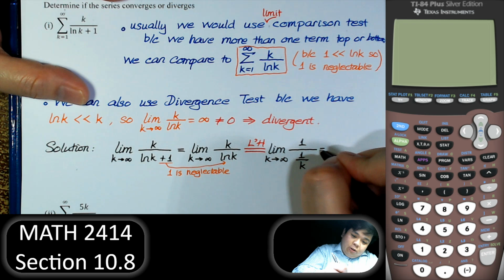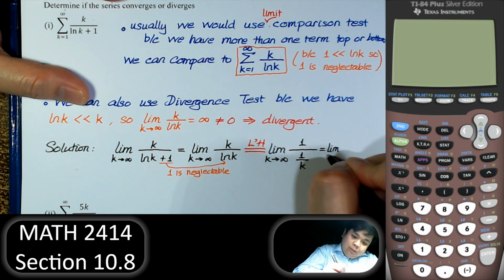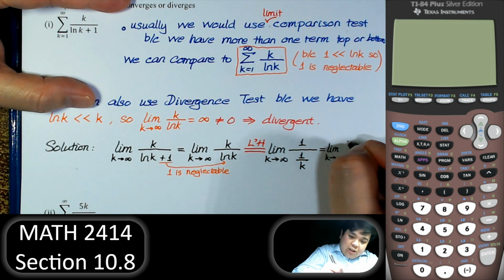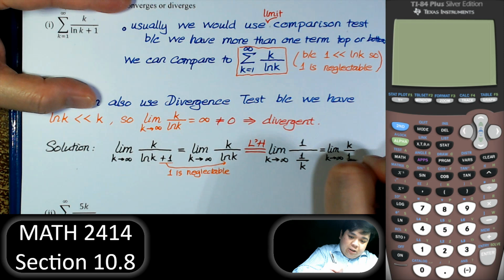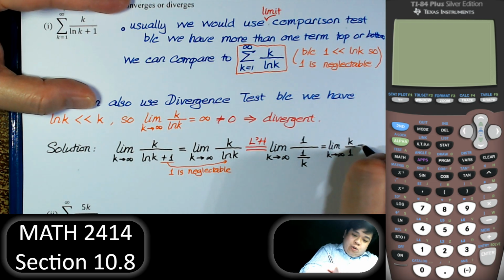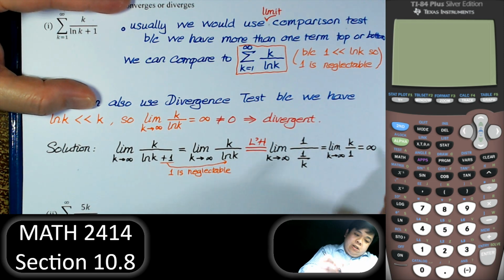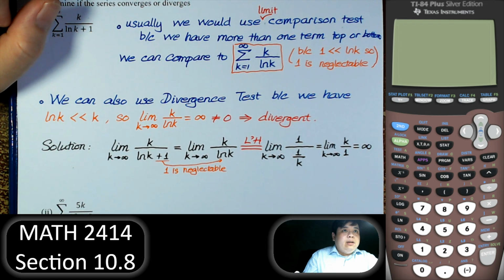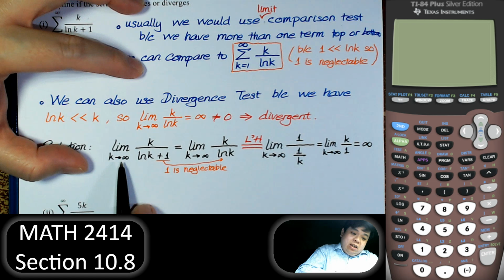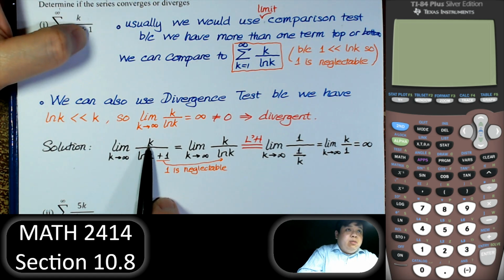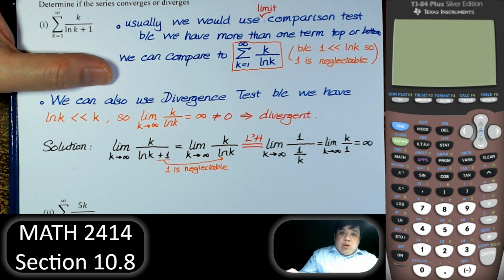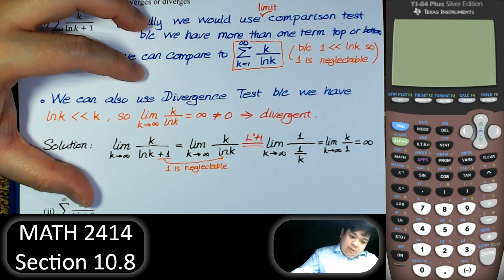Multiply by the reciprocal. Dividing by 1 over k is multiplying by k. So we just flip it. And this limit is equal to infinity. Right, since the limit of the k term goes to infinity, that is not equal to 0, so that's why this diverges.